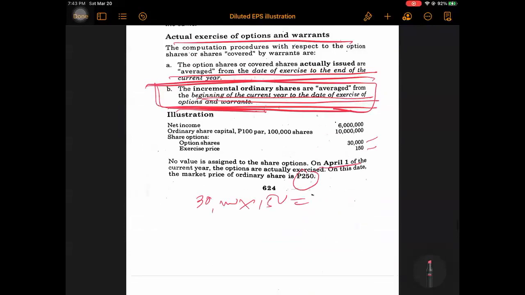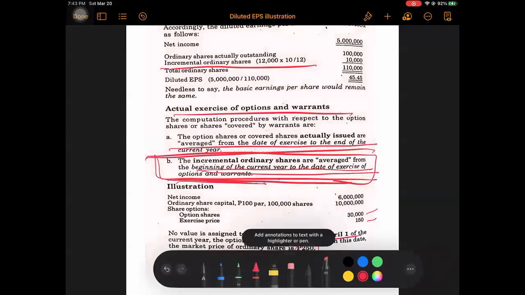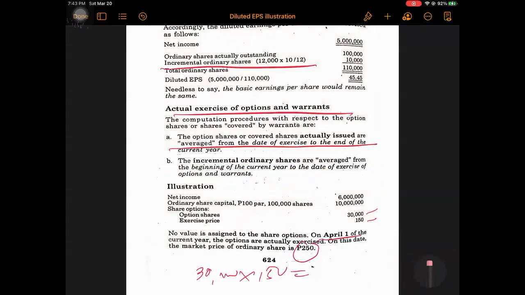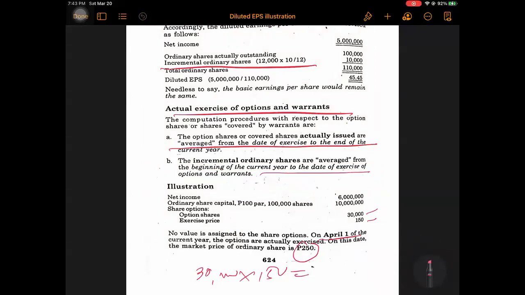Okay, your incremental computation starts if there is actual conversion or actual exercise. As stated here, the incremental ordinary shares are averaged from the beginning of the current year to the date of exercise of the warrants and options.